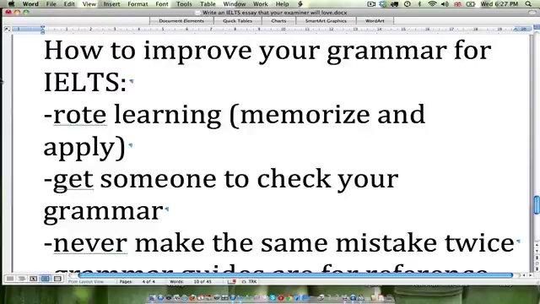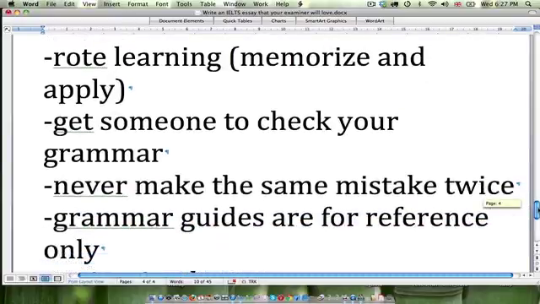Now, tip number 2, get someone to check your grammar. It's very unfortunate when I meet with students and they tell me that they've been practicing for the past 6 months, the past year, they've been practicing their writing by themselves, and their writing is full of grammatical errors.